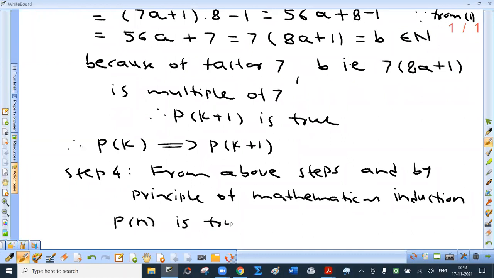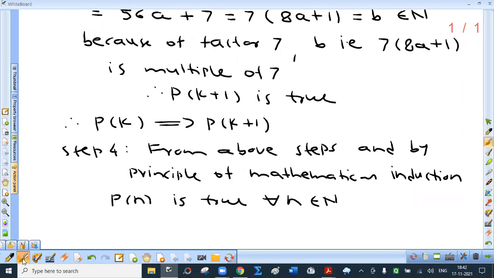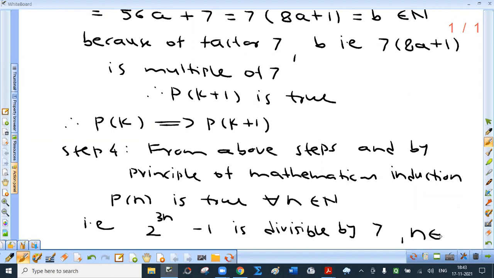P of n is true for all small n belonging to capital N. That is, 2 raised to 3n minus 1 is divisible by 7. N is a natural number.